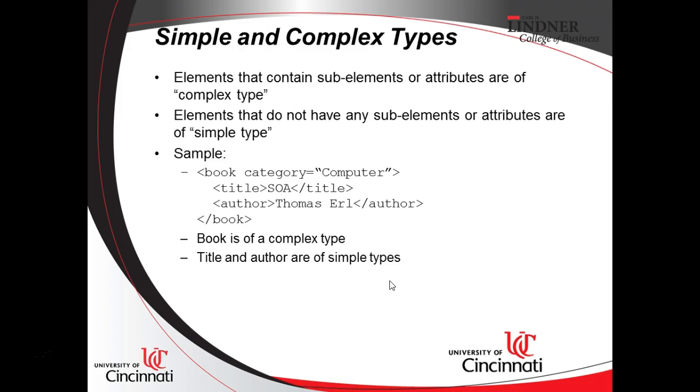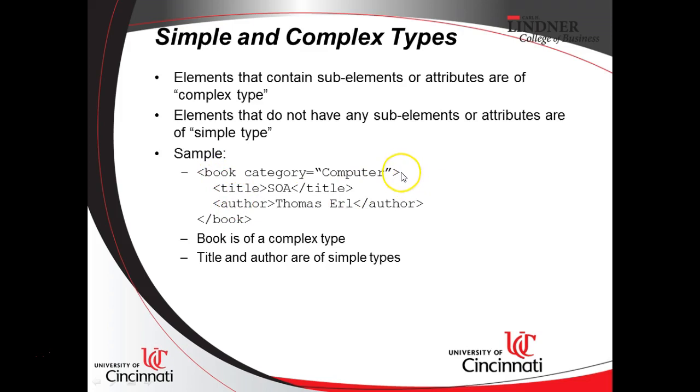Okay, simple and complex types. If an element does not have any sub-elements aside from text, it's something we're going to consider simple. So in this example, title, SOA title, that's what we'll call a simple type. But notice book. Book is made up of title and author.